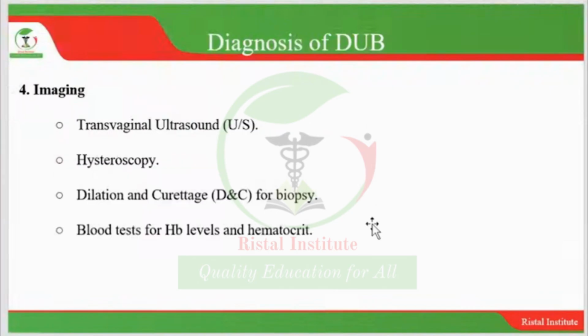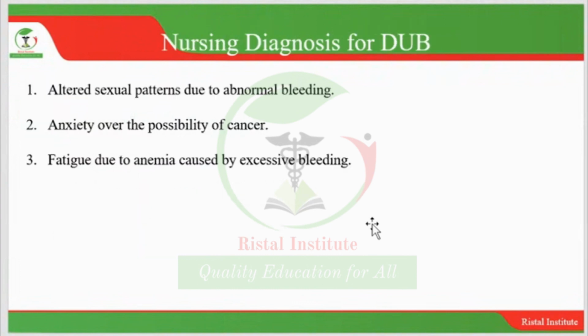Imaging can be done, and under this we have transvaginal ultrasound, hysteroscopy, dilation and curettage for biopsy, blood test for HB levels, and the hematocrit.